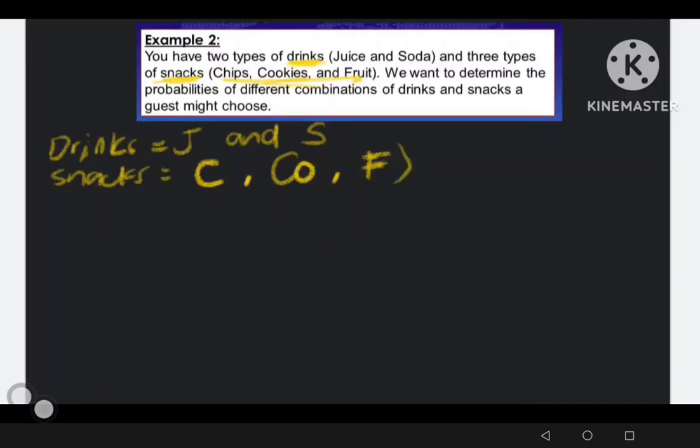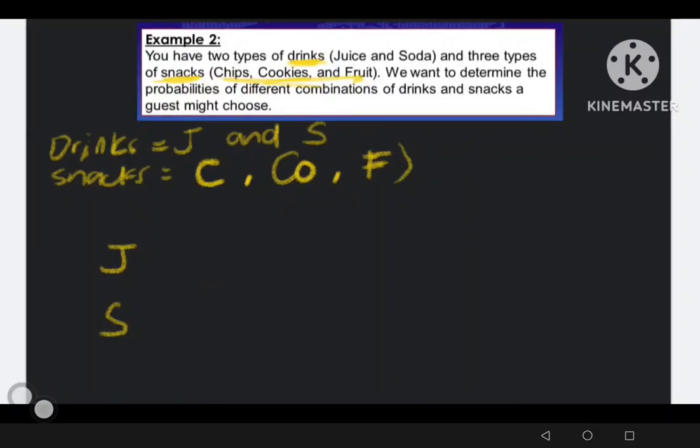Alright? So next one, we're going to draw a tree diagram. Let's have juice and soda. Let's combine this one. And let's get first the probability of each, the same process. Juice and soda, what's the probability of getting a juice? We have 2 outcomes, okay?